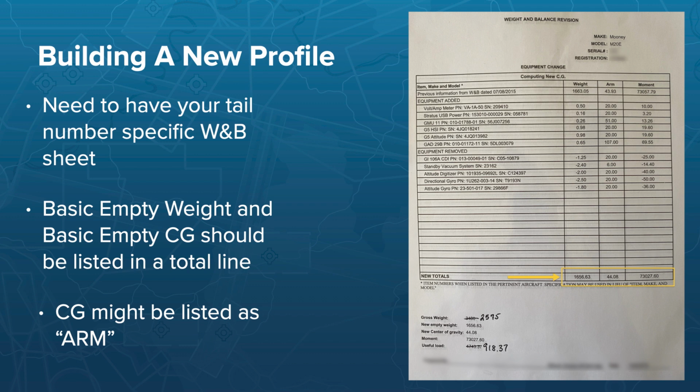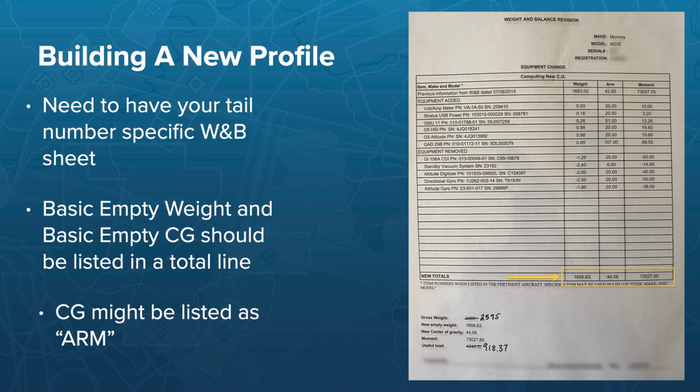I went and grabbed a copy of some weight and balance out of my aircraft. I do want to make sure that I have my tail number specific weight and balance sheet. This is the one that's been weighed for my aircraft, and it's got my aircraft specific information. And I should see my basic empty weight and my basic empty CG as some sort of total line. A lot of these sheets look different.